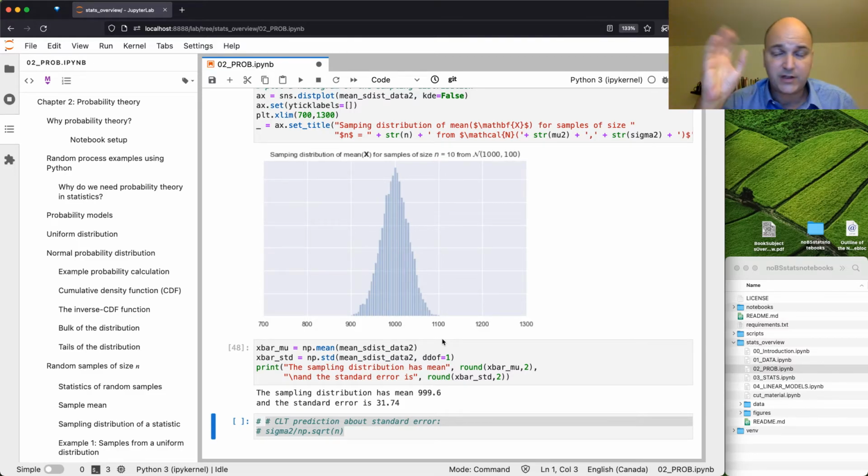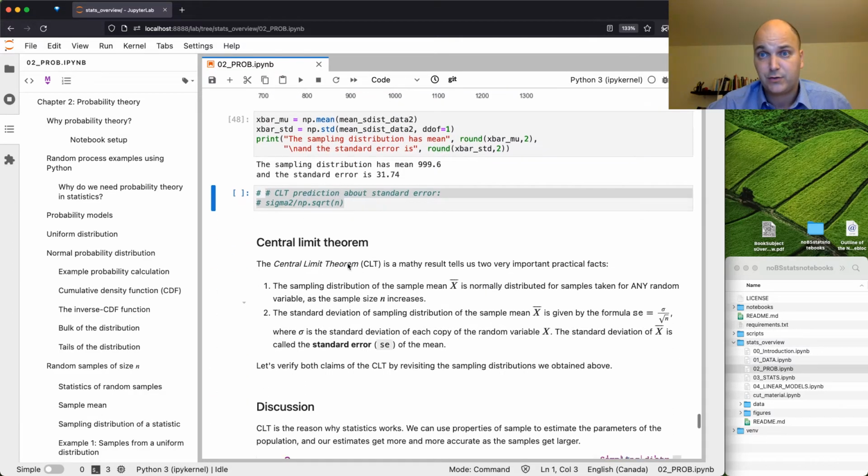When you take large samples, 10, 30, 40, 50, and compute the averages of each sample, they will be normally distributed. So this is really weird: somehow the mean of any sample turns out to be normal.